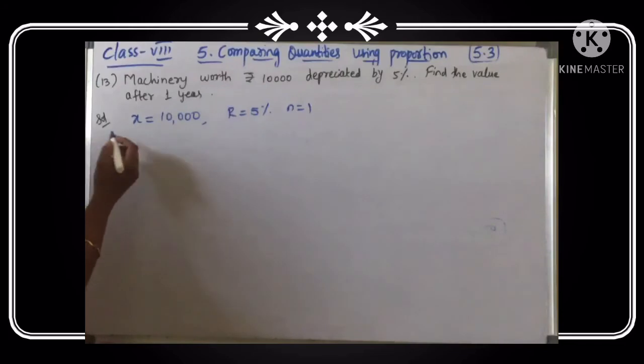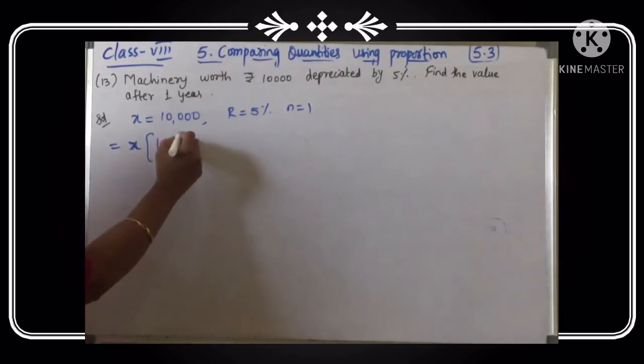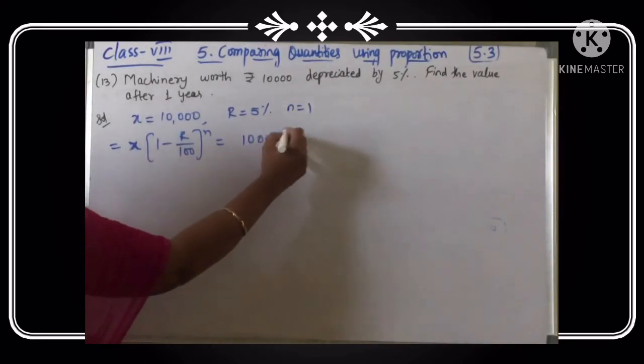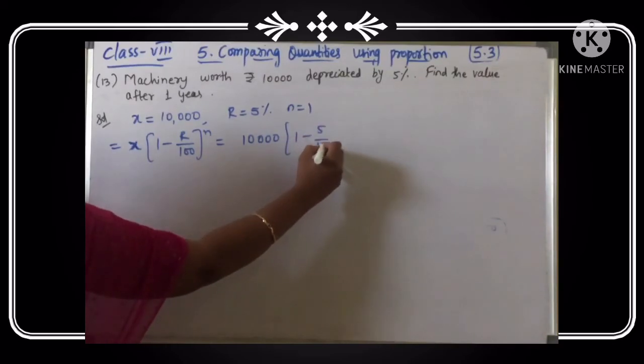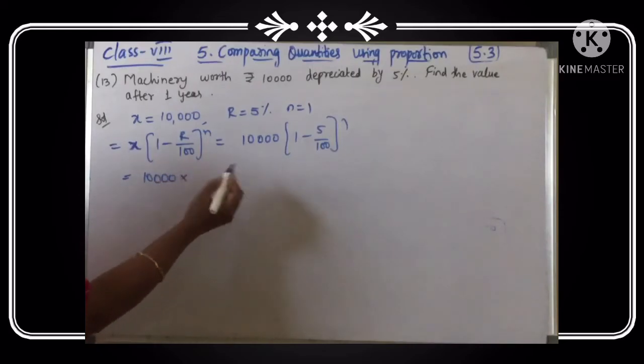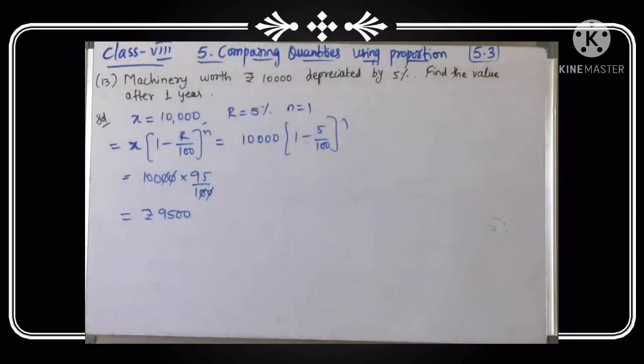So X into 1 minus R by 100 whole to the power of N, that is 10,000 into 1 minus 5 by 100 whole to the power of 1. So 10,000 into 100 minus 5, so 95 by 100. So here you will get 9,500. So after 1 year the machinery worth will become less. So we will get the final answer as 9,500.